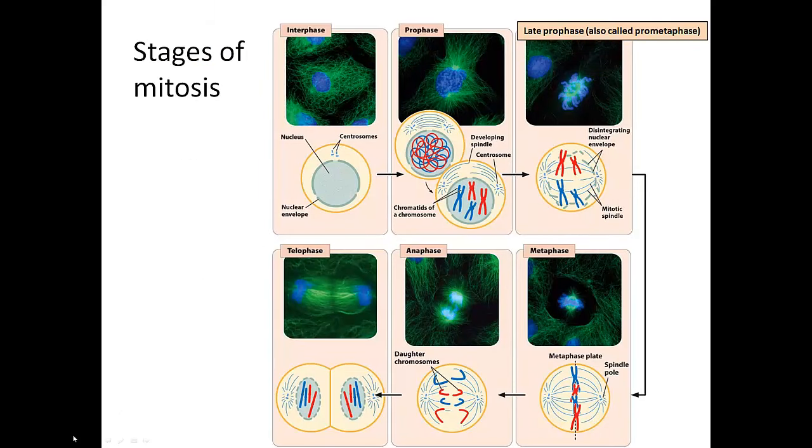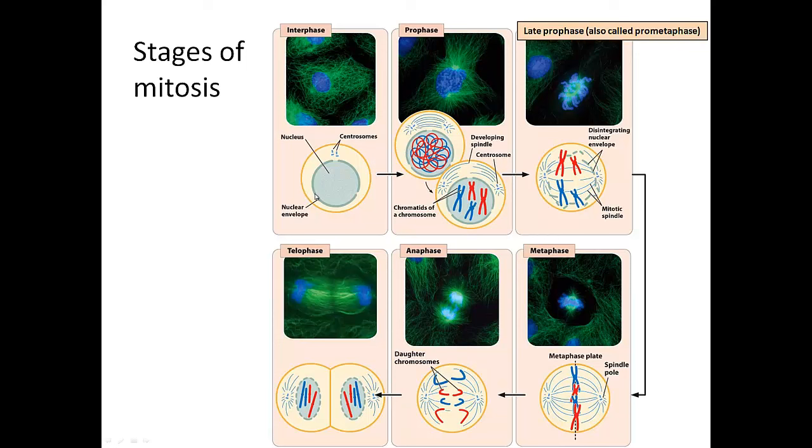Let's talk about the stages of mitosis. So as a cell gets ready to enter mitosis, just remember that this cell has already undergone S phase, and so the sister chromatids are already present at that point at the end of S phase. So mitosis has 4 steps: prophase, metaphase, anaphase, telophase.